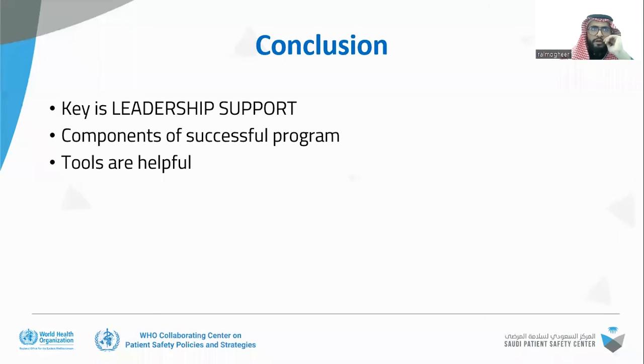As a conclusion to the theoretical part of our workshop, the key to a successful RCA process or program is leadership support.